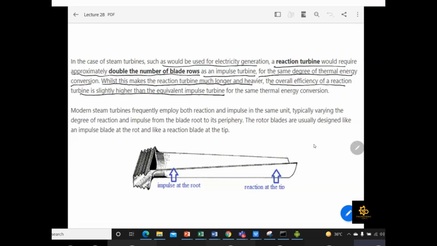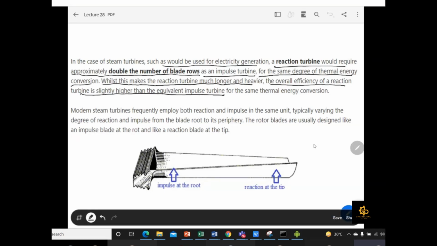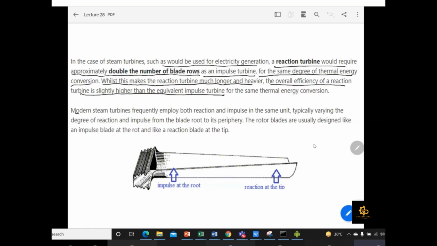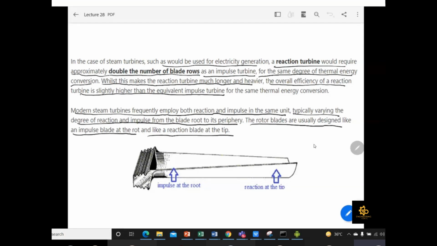But modern steam turbines frequently employ both reaction and impulse in the same unit, typically varying the degree of reaction and impulse from the blade root to its periphery. The rotor blades are usually designed like an impulse blade at the root and like a reaction blade at the tip.